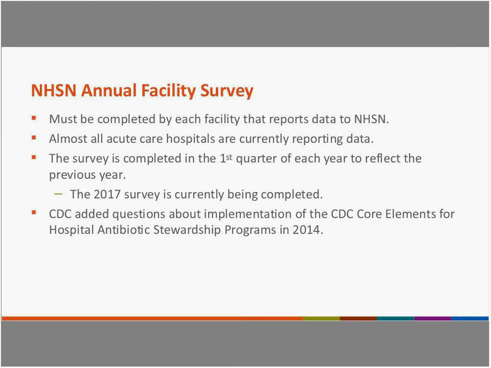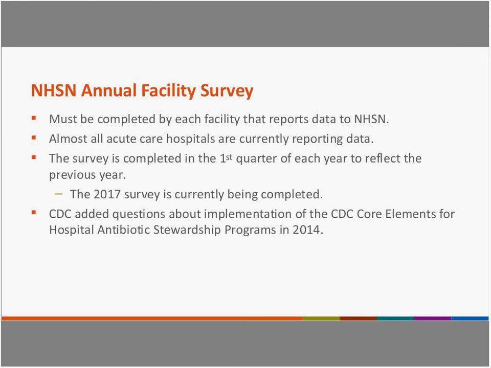Because of the CMS mandates and many state requirements, essentially every acute care hospital in the United States is now reporting data into NHSN, more than 4,000 acute care hospitals. So this survey is completed every year by about 4,000 acute care hospitals. It's completed in the first quarter of every year to reflect activities that the hospital would have been conducting in the previous calendar year.